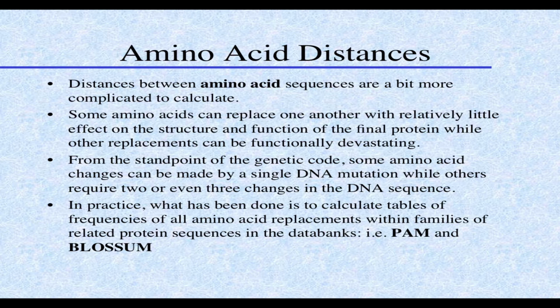So that can give your distance matrix a little bit more of a functional or evolutionary flavor, that these are conservative changes and therefore the evolutionary distance is smaller. You can do that or not, basically. You have the choice of just using a strictly phonetic method or a method that takes into account amino acid distances.